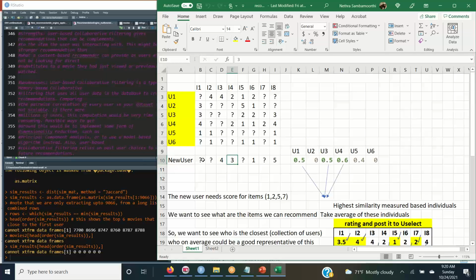This is user7, and he has these scores here. The problem we are trying to solve is, the four products here, I1, I2, I5, and I7, he hasn't tried. If we are given a chance to recommend, what is the best product to recommend so that he will like it?